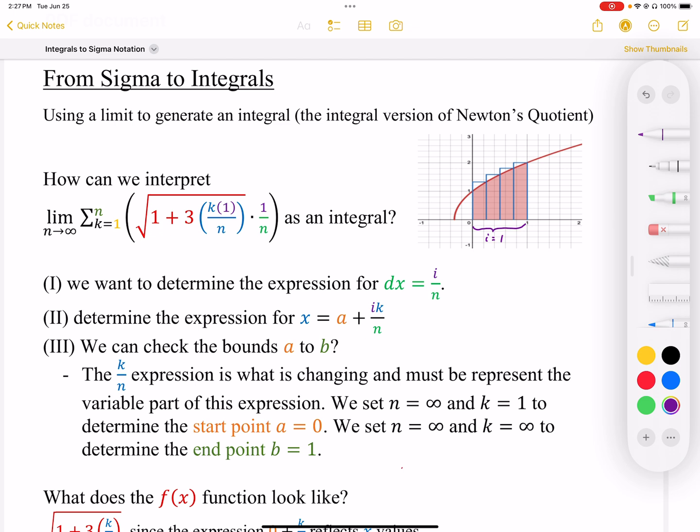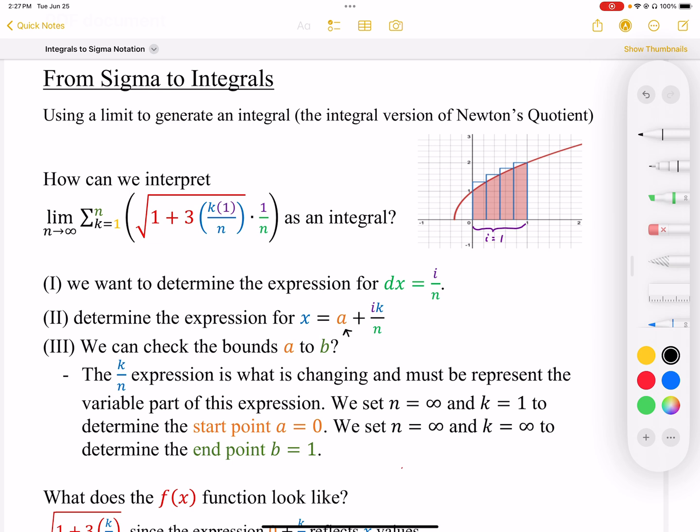Secondly, we want to determine the expression for x. So in this expression here, what is going to be the x part? Now, x is generally going to be based on the starting value, or left-hand edge, plus 1 dx for every k value. And that's going to give us right-hand Riemann sums.